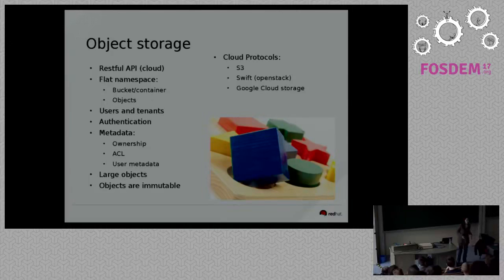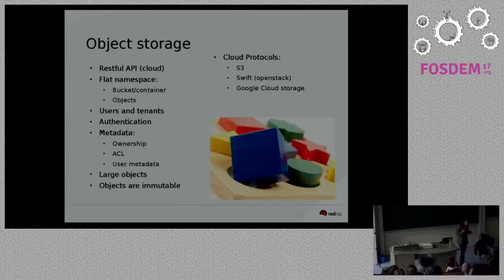So the idea is very simple. One, we're talking about a cloud environment. So you want the API to be really for cloud. That means it should be HTTP based, so that's a REST API. And you want some organization of the data, since the complex hierarchy of file systems is really hard.